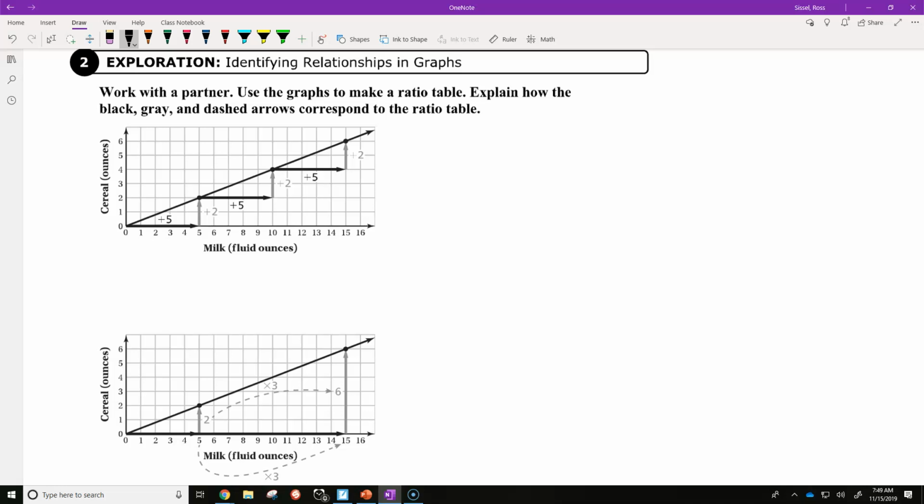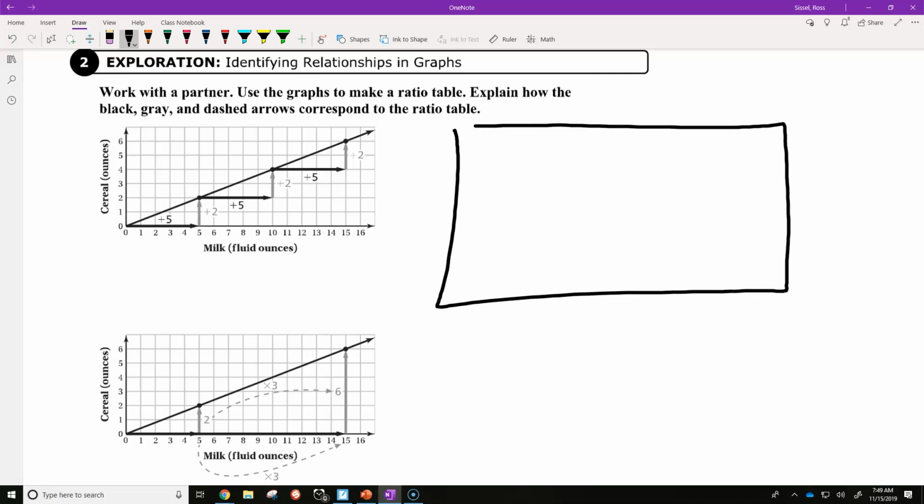Good job. So, here's what you guys are going to do. In your table group, you're going to use this graph. I'm going to see if you can figure out what this graph is. Right here, if everyone would draw this table with me.